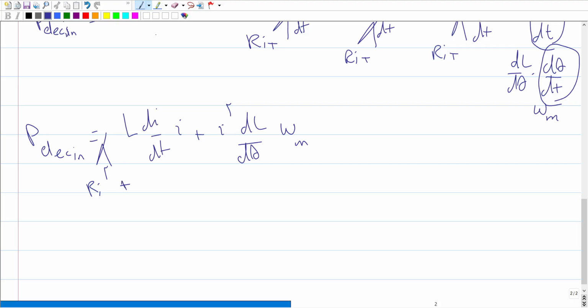Now concentrate more. If you assume that the term corresponding to mechanical power is this term, then you will write P mechanical is this, and this is torque times omega_m, then torque will become i² dL/dθ.